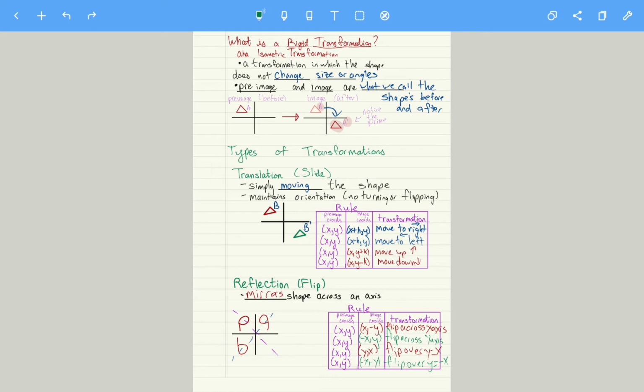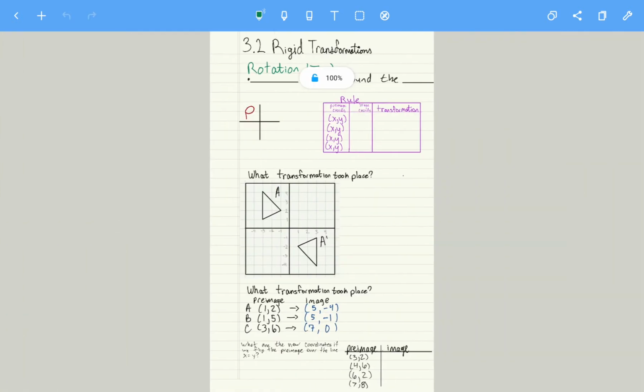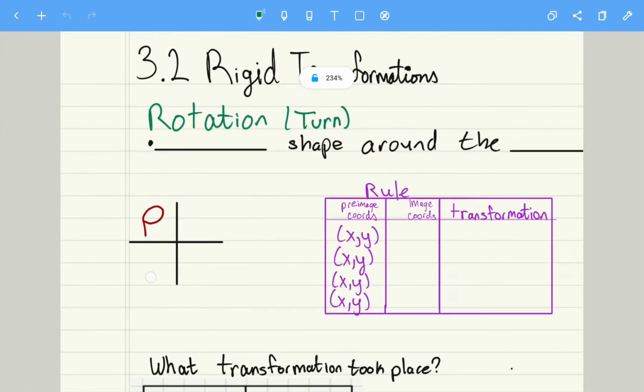We have one more, and this one's a little trickier. So now we're going to look at rotations. The rotation is turning the shape around the origin.